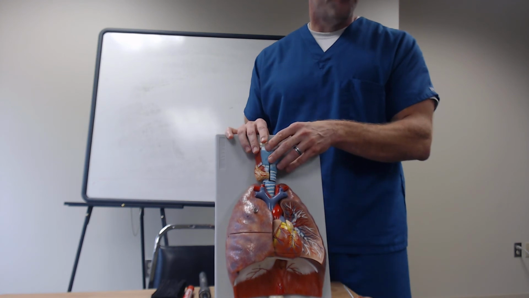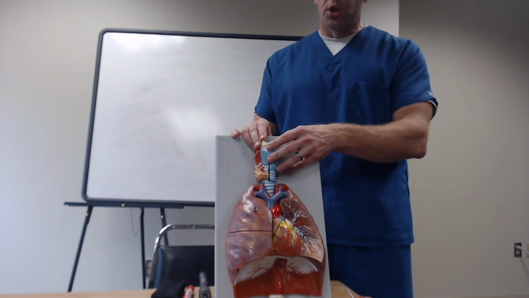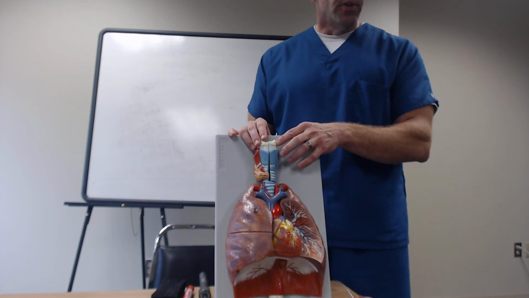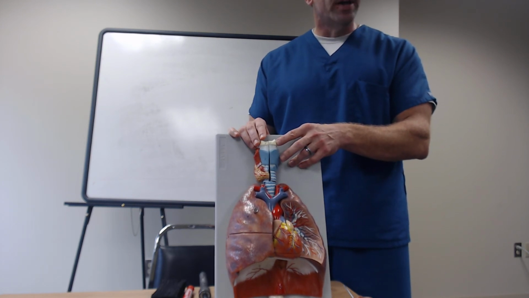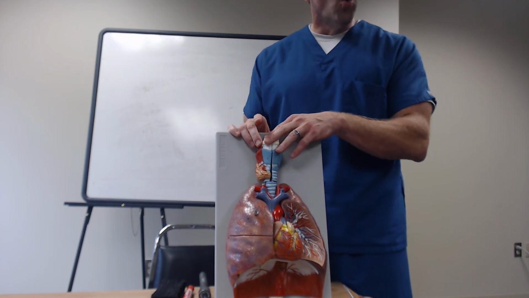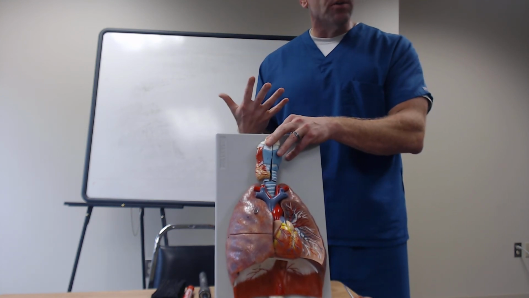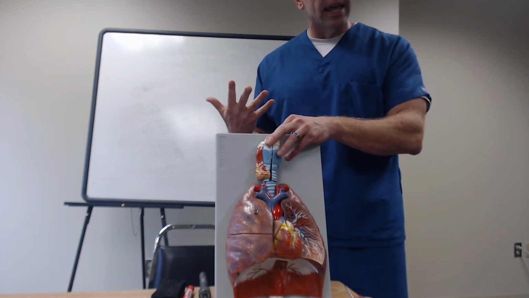Okay, the pharynx is then going to attach to this structure, the larynx, and the larynx is going to contain the cords that we think of as producing sound that ultimately lets us make our language.